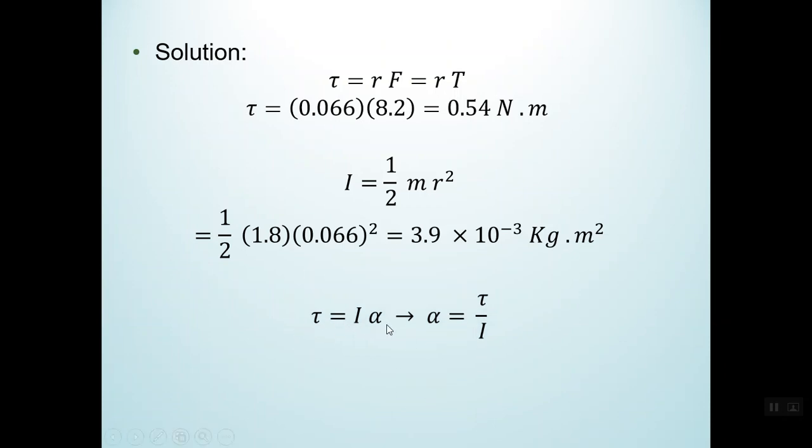Rearrange this equation to find alpha is equal to tau over the moment of inertia I. Substitute the numbers. Alpha is equal to 0.54, this is the torque, divided by 3.9 times 10 to the power minus 3, this is the moment of inertia. So we can find the angular acceleration alpha is equal to 140 rad per second squared.